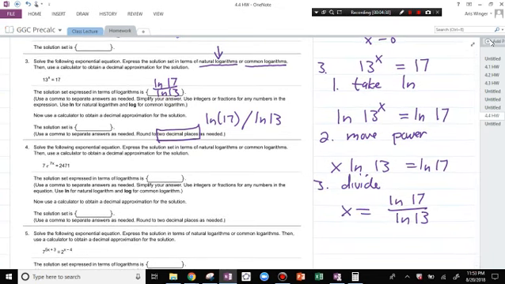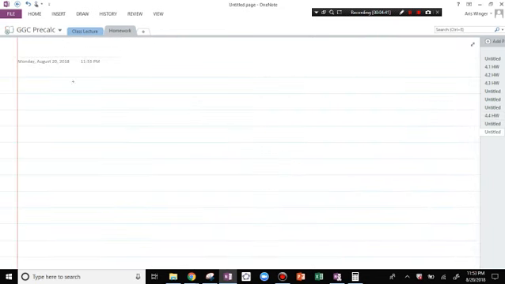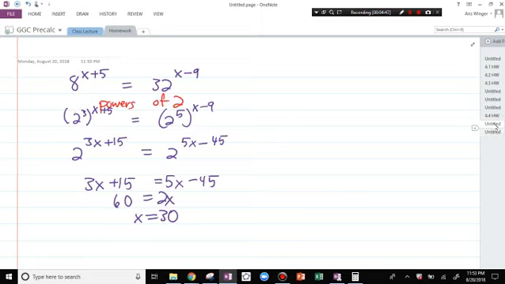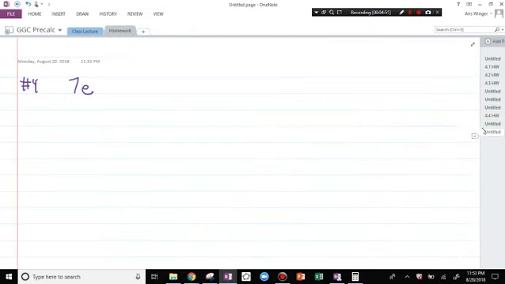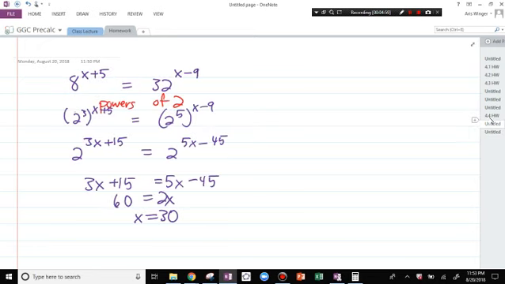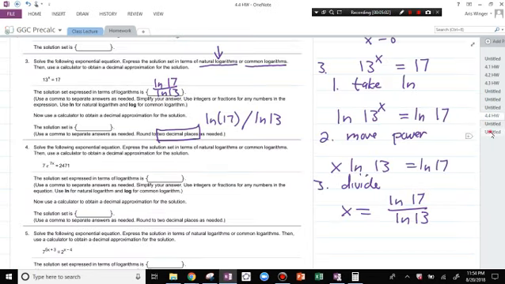Number 4, we're talking about 7e. I believe it's 7e to the 4x, 7e to the 7x equals 2471. I just want to double check that that's right. 2471.